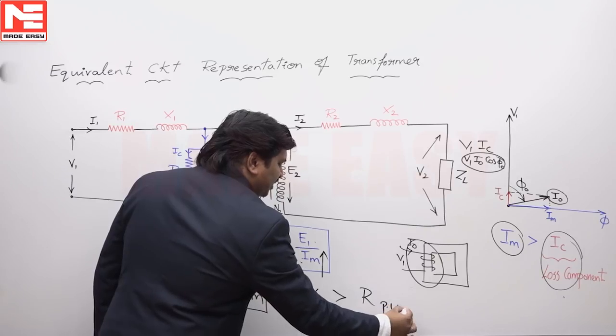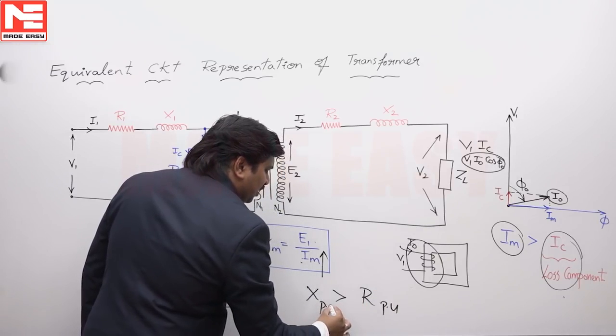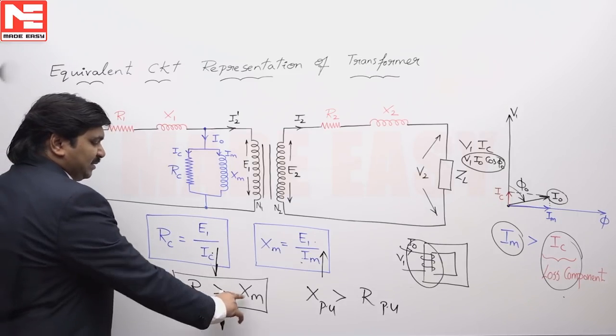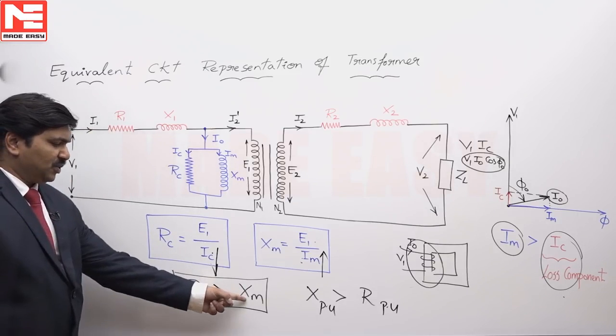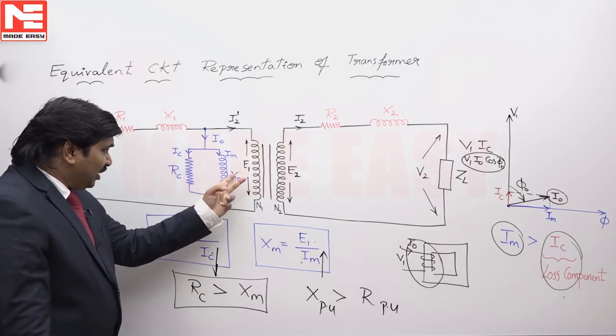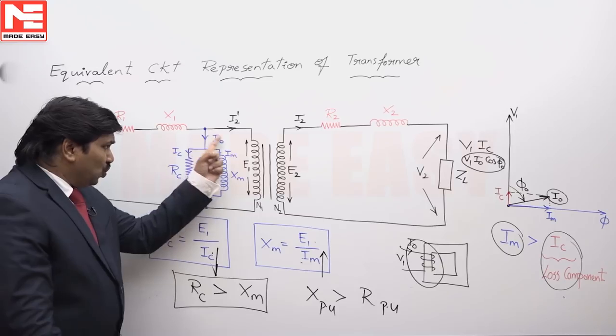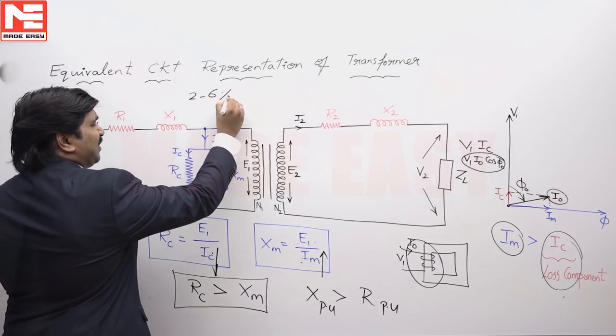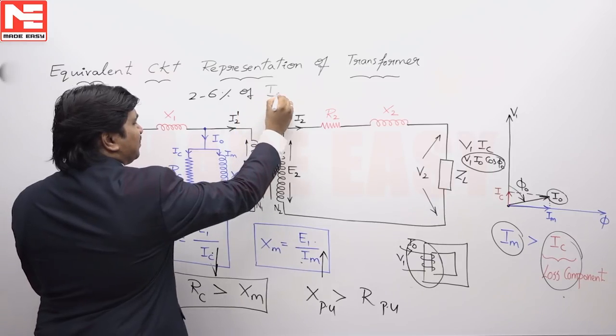So, it was given the per unit resistance of a transformer, per unit reactance of a transformer, RC, XM. These values are very big values. Why? Because the values depend on currents, and the no load current is 2 to 6% of rated.